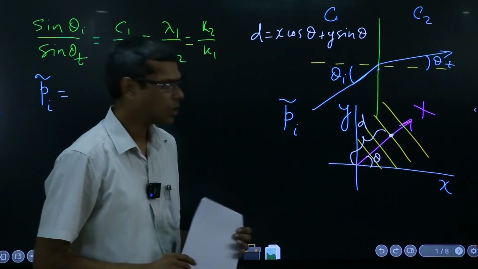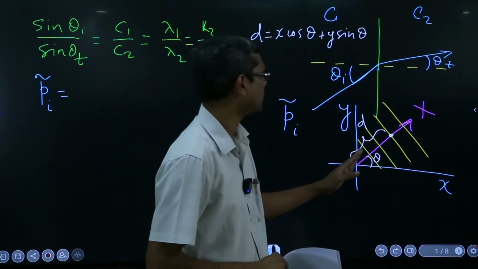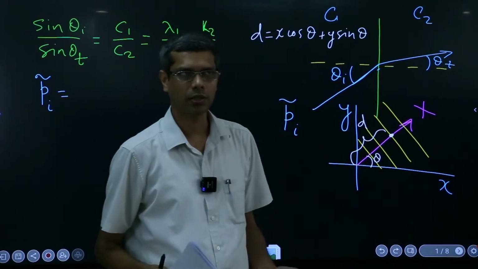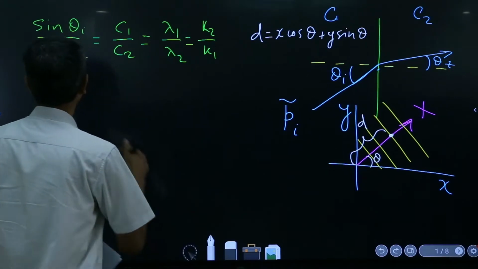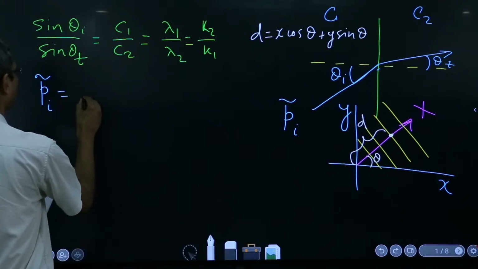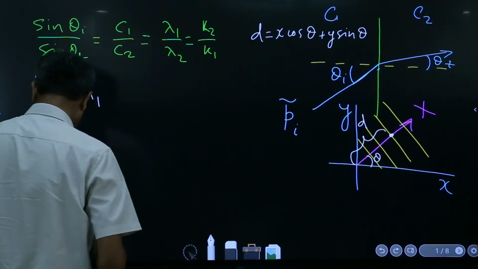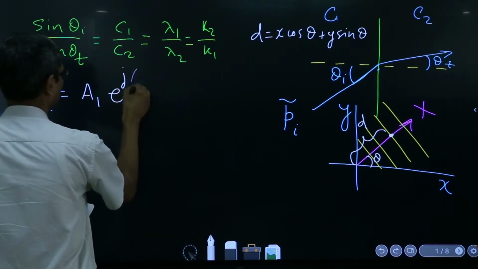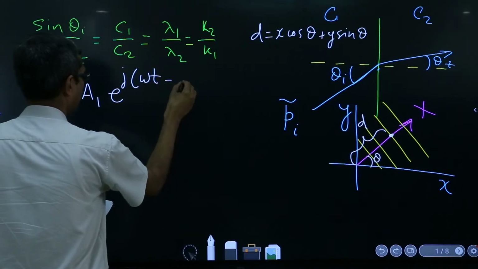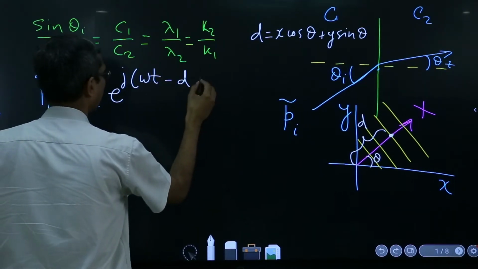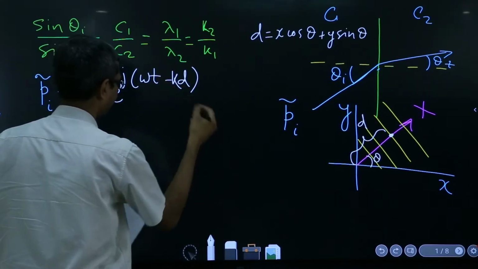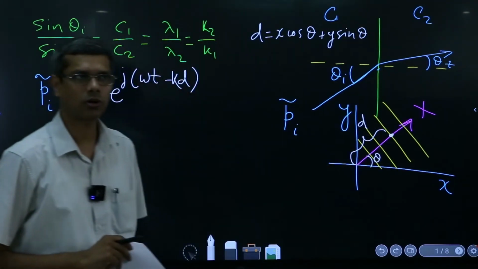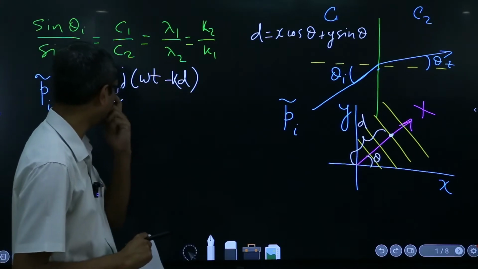So in that new coordinate system, if you consider d to be the parameter, then you can write this as, say suppose A1, the way we generally write, e raised to j omega t minus kd. So expressing in the capital X coordinate system, this is the form.